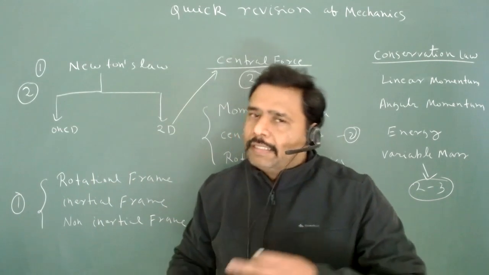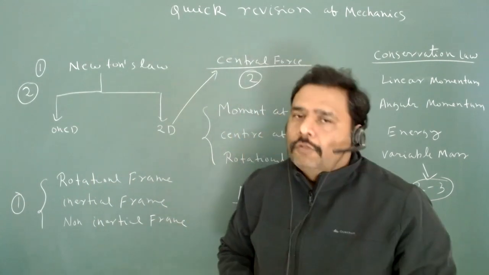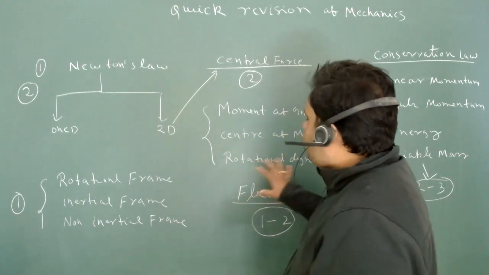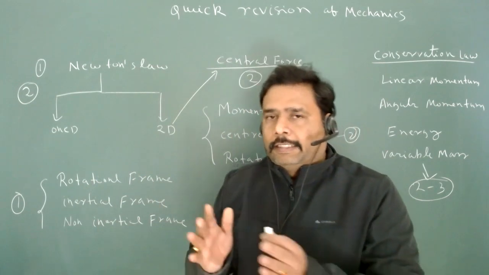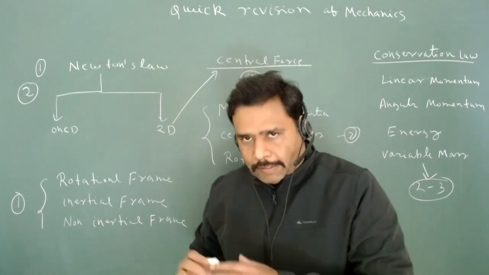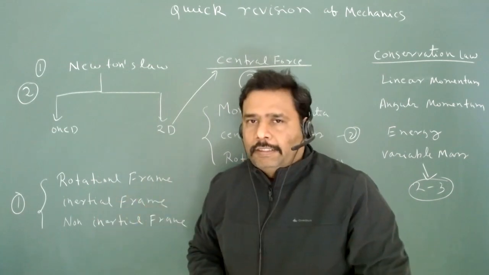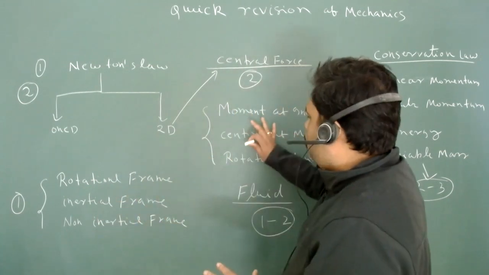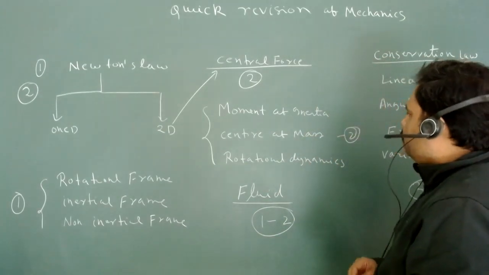You have to use the parallel axis and perpendicular axis theorems, and do some integration. Most important, there is rotational dynamics: how you write the expression of angular momentum, and how you write the expression of energy, the rotational kinetic energy plus potential energy.